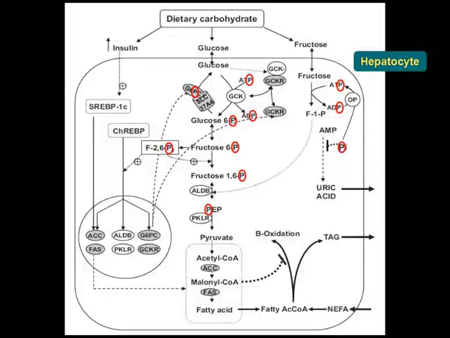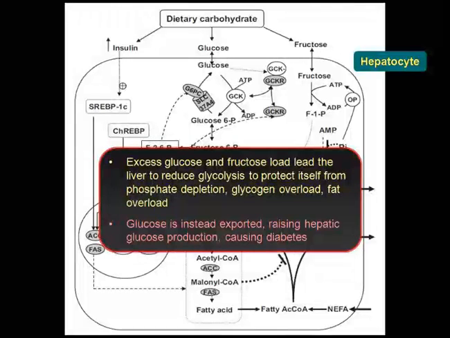Note this also accounts for the high uric acid levels you see in people with insulin resistance and type 2 diabetes. So we summarize that then as excess glucose and fructose load lead the liver to reduce glycolysis to protect itself from phosphate depletion. Glycogen overload, and glycogen's toxic, and fat overload and fat intermediates are toxic.